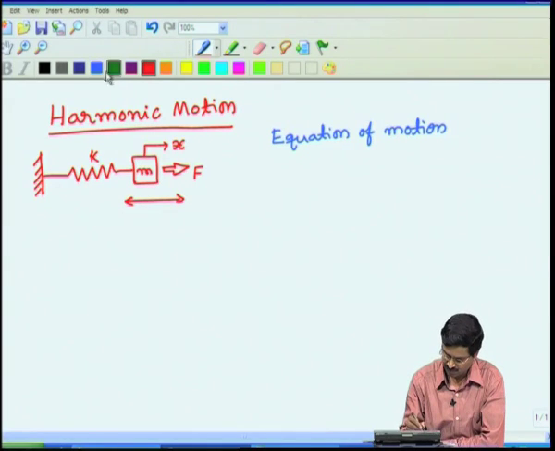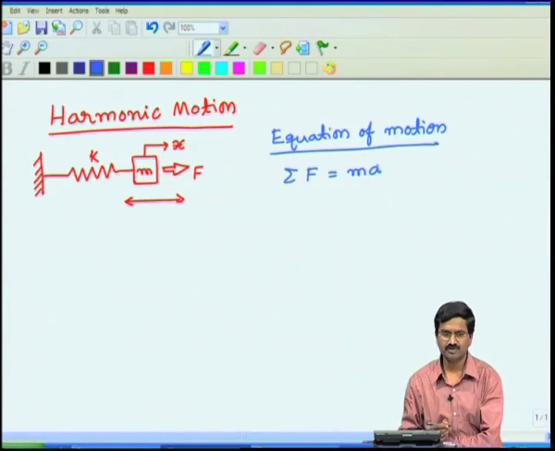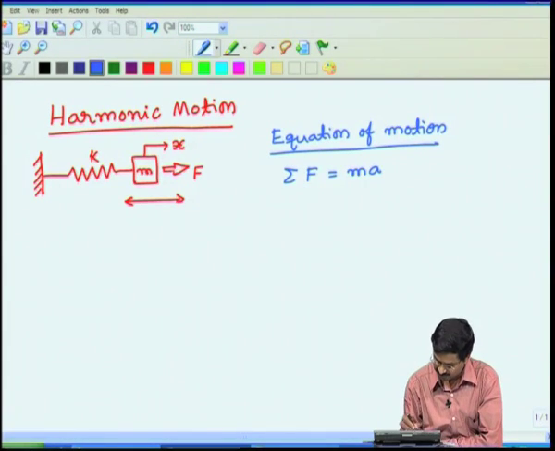So, if you want to write the equation of motion for this device, we use summation of forces equal to mass times acceleration, that is Newton's second law. So, what are the forces acting on this? There is of course the force F that we have applied. These are all the forces Fi, i equal to 1 to n.